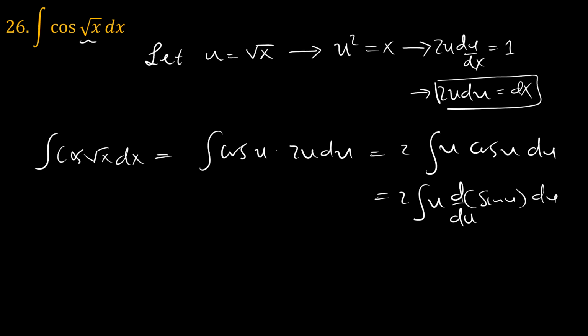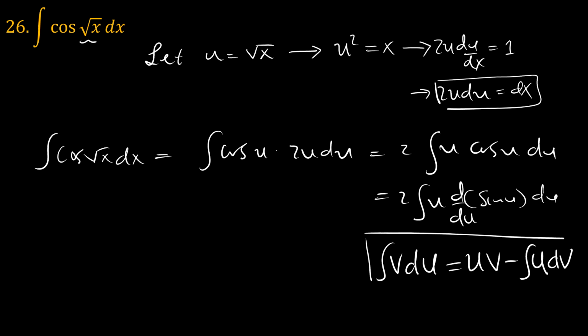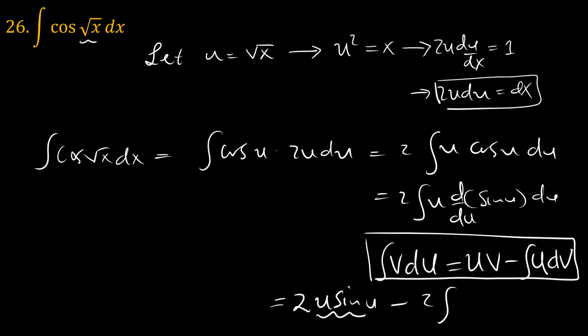So if we use integration by parts, where we have a product of a function v and the derivative of a function capital U, when we integrate that, we have capital U times capital V minus the integral of capital U times the derivative of function V. So using that, our problem now becomes 2u sine of u, this is uv, minus the integral of 2 sine of u times the derivative of u, which is 1, and so that's where we are.